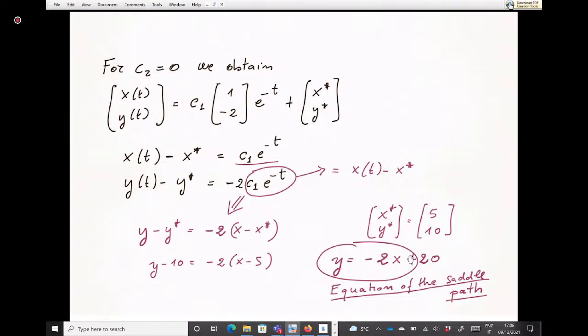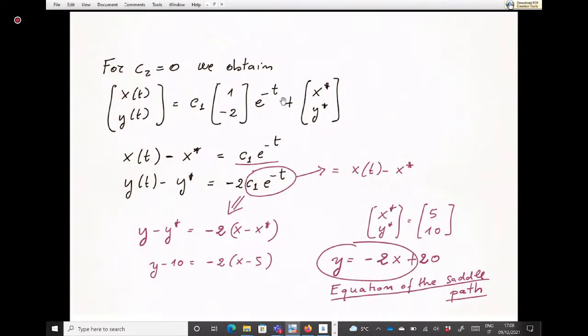Why? Because suppose that you select x at time 0, given, any value you want, but once you have selected x, you select y equal to minus 2x plus 20. Okay? This means that they are along this straight line, but this means that they satisfy the condition C2 equal to 0.